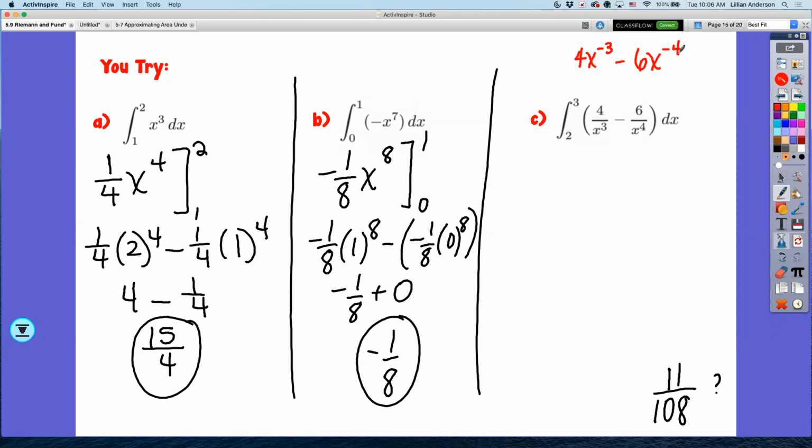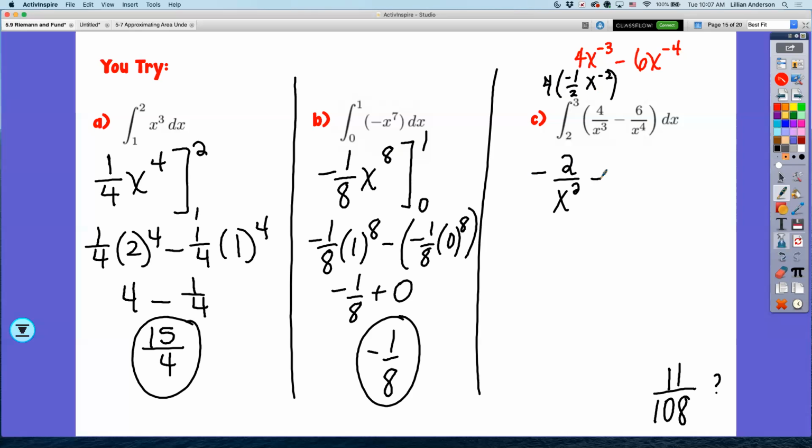So move up those variables to the numerator, making those exponents negative. What's the antiderivative of 4x to the -3rd power? -2/x². Yes, because when you add 1, this ends up becoming a -2. So that'd be a -1/2, and it gets multiplied by 4.